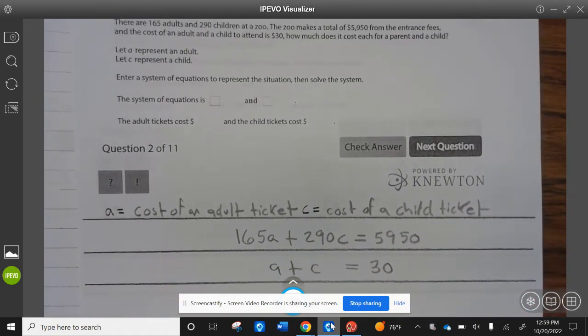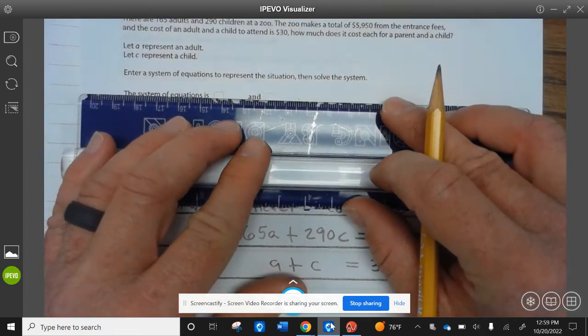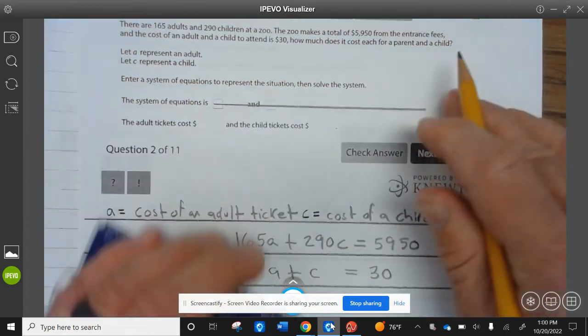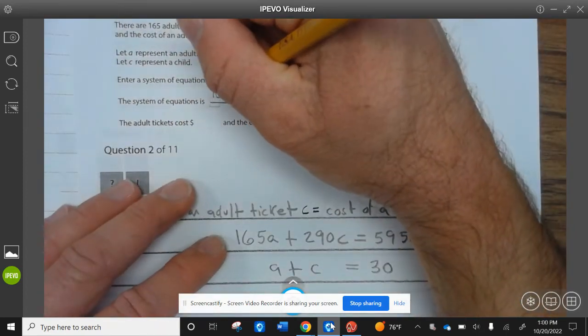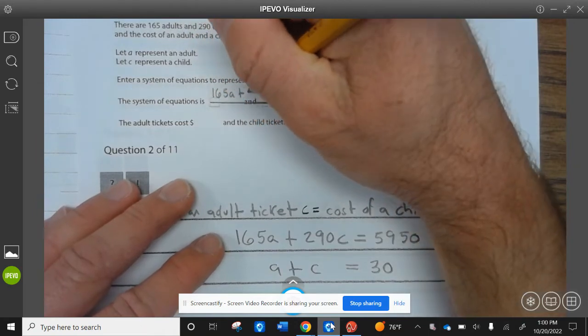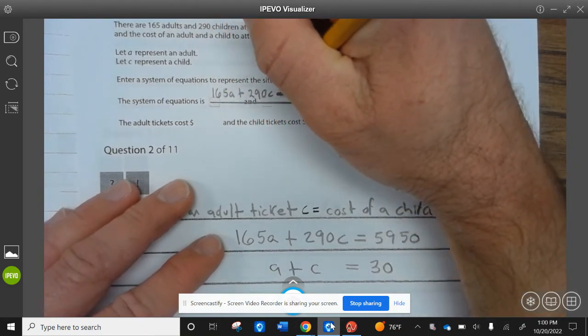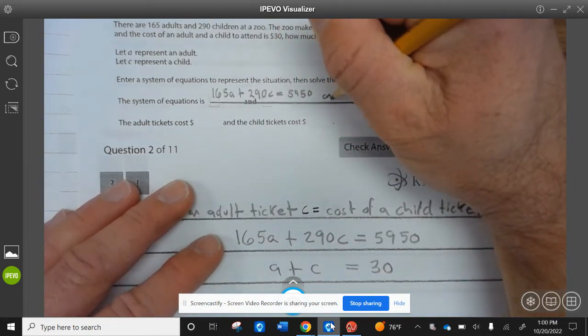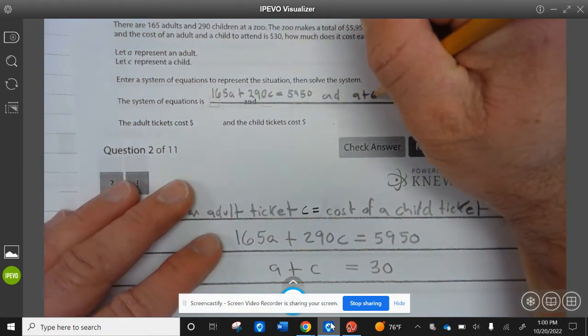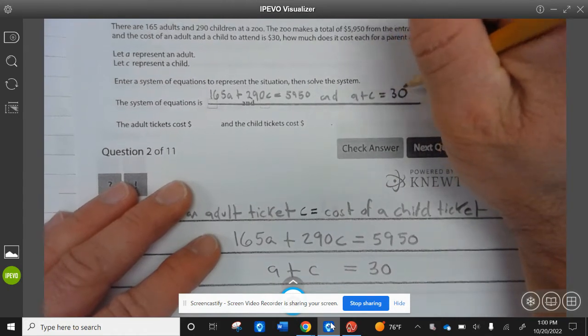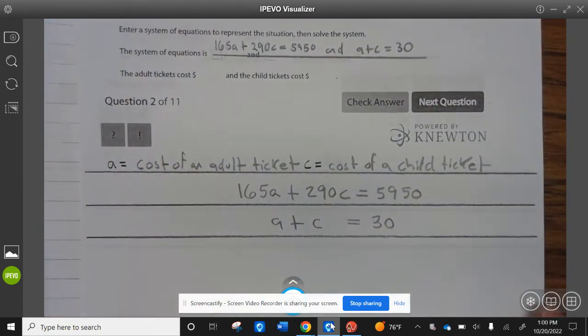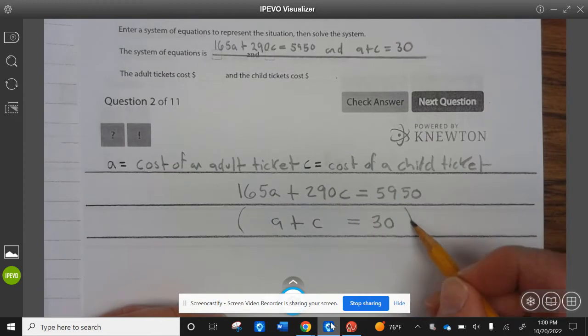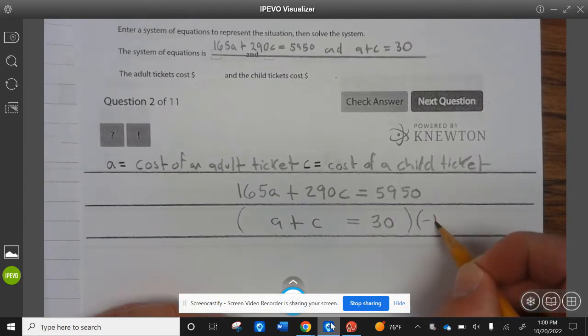So there's our equations. 165A plus 290C equals 5,950, and A plus C equals 30. Now to solve, we're going to multiply the second equation by negative 165.